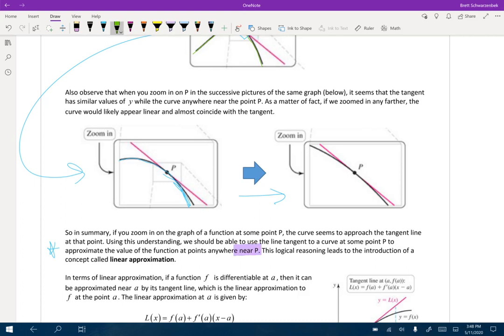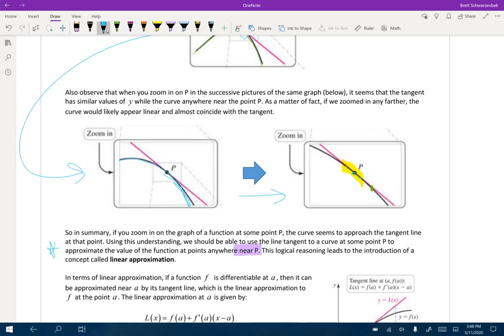So if I have, let's say, a point on the curve, just like that, and I don't know in this scenario what that point is, I could use the point on the tangent in order to approximate the value of those points, because the curve and the tangent are so close to each other near the point P. So near this point right here, look at it, it's so close to one another.